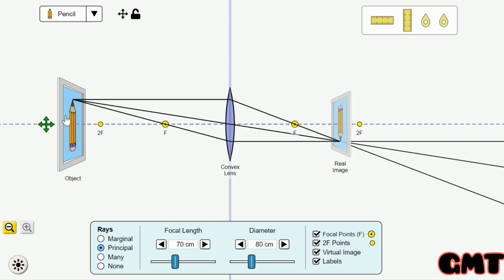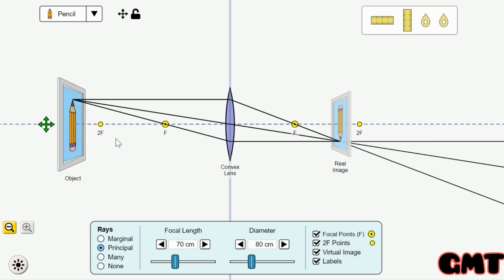A ray parallel to the principal axis will refract by passing through the focal point. Also, a ray passing through the center of the lens will continue to move without deviation. The third ray passes through the focal point and will refract parallel to the principal axis, this one.